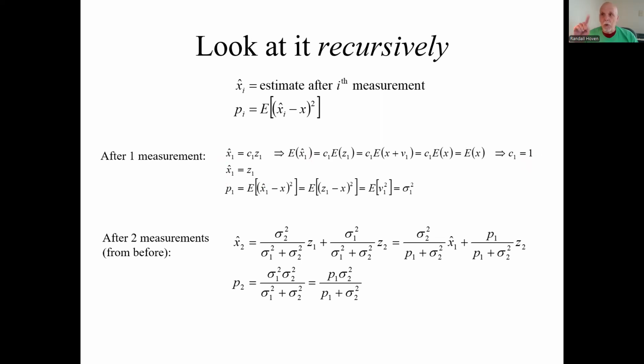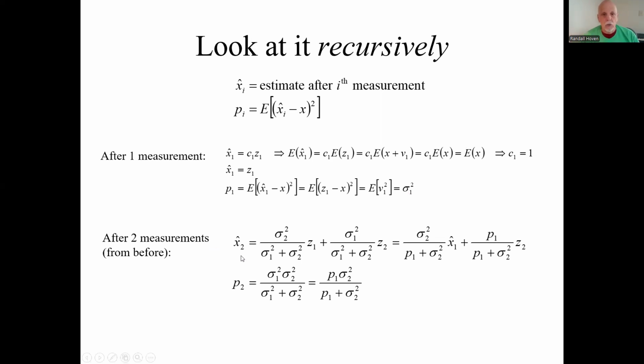That with only one measurement, your estimate is the measurement. And by a similar approach, the variance of the error of that estimate is just the variance of the measurement error. That all makes sense. So that's after one.